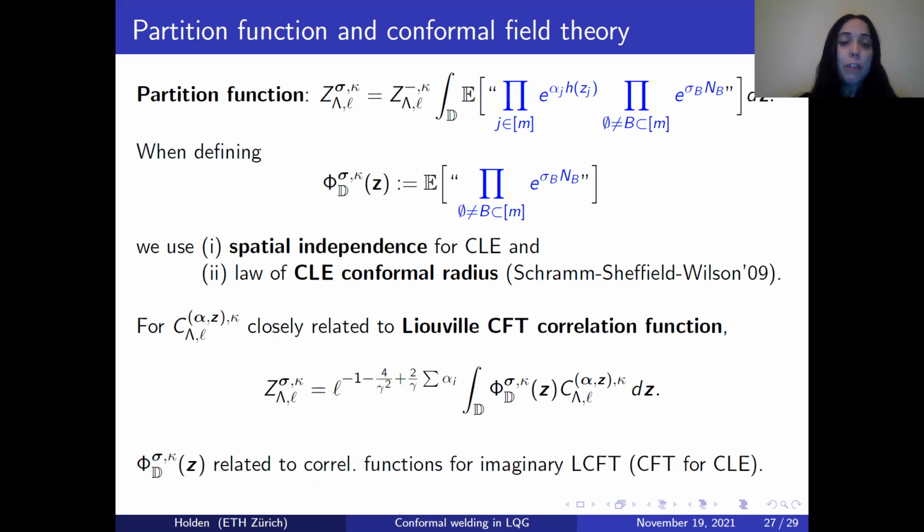But many of the objects actually also make sense when gamma is imaginary or complex. And the case of imaginary gamma is particularly interesting because it is related to the problem of defining a CFT for SLE.